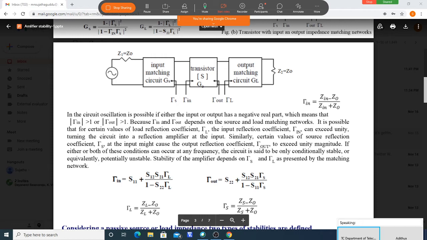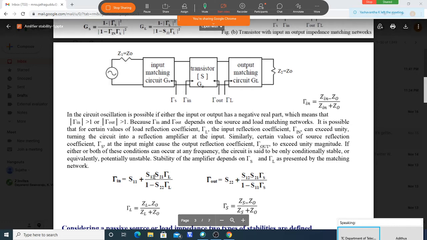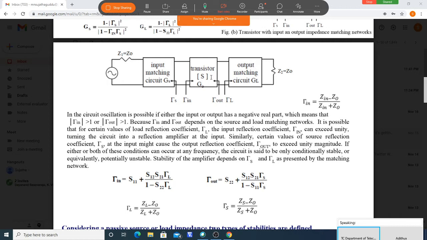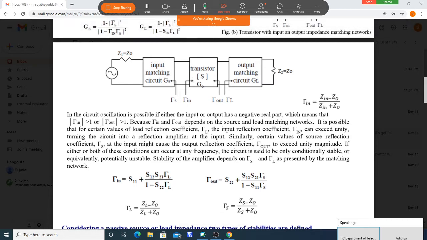It will allow the signal to go like this. It is not unidirectional, it is bidirectional. S12 is not equal to 0. In such a case, what happens? If reflection takes place like this, that reflected wave enters through this, and since S12 is not equal to 0, automatically it is coming out here along with the reflected wave because of the incidence here.